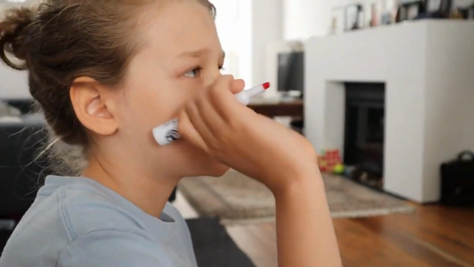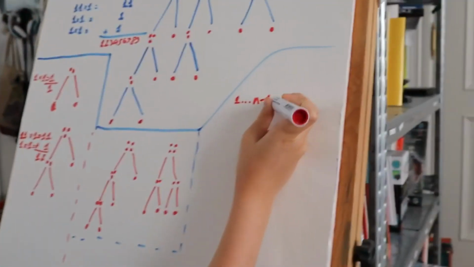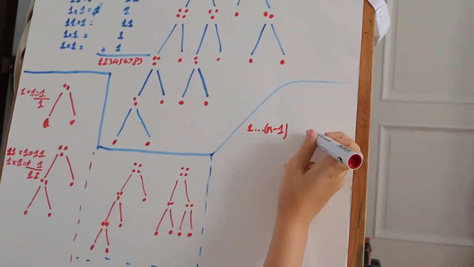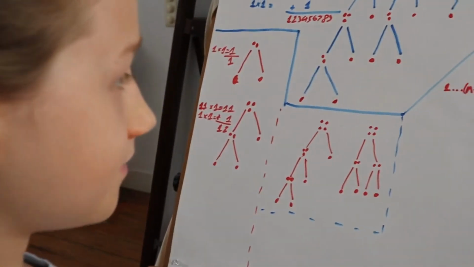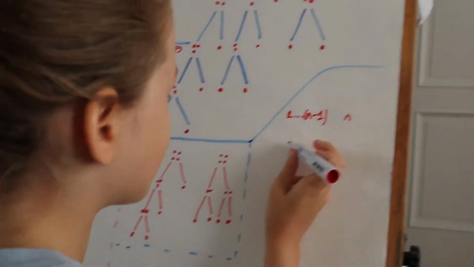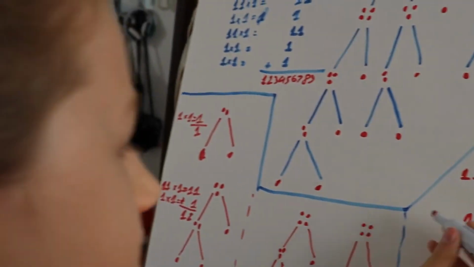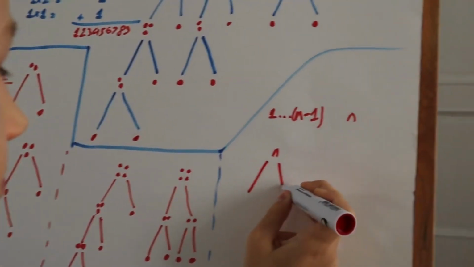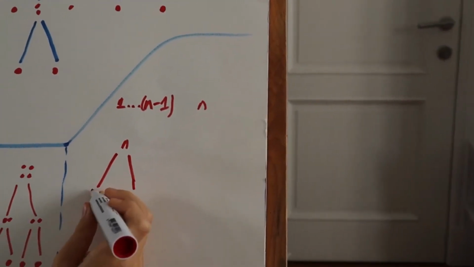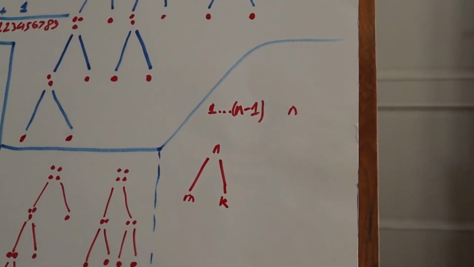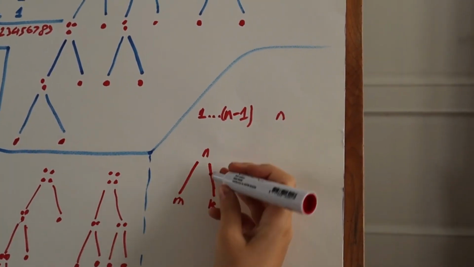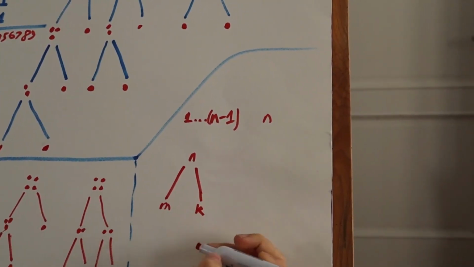Actually, no. Let's assume it's true for all the numbers 1 up to n minus 1, and we want to figure out if it's true for n. Okay, so let's think about the first split. We're going to start with n in little dots, and we're going to split it up into 2 numbers. Let's just give them arbitrary names. Let's call them m and k. So we're splitting n up into m and k.